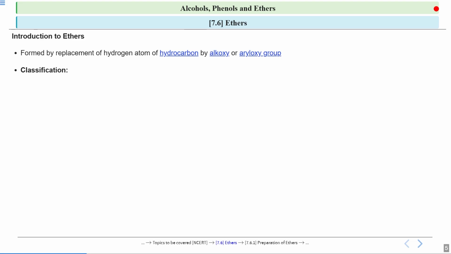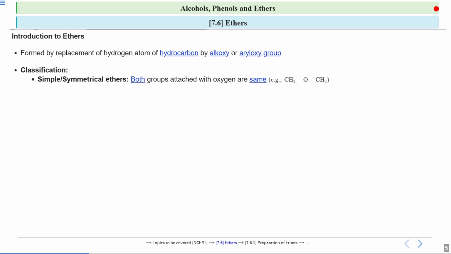If we classify ethers, they can be classified into two: symmetrical ethers and unsymmetrical ethers. First let us see what symmetrical ethers are. The symmetrical ethers are also called simple ethers.